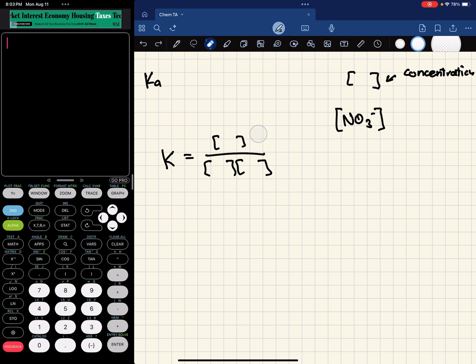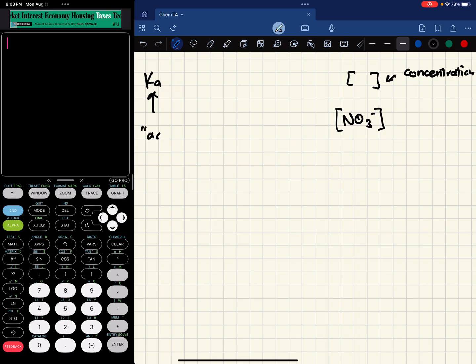With acids and bases, this is just an equilibrium expression that we're using with acids. It's Ka because it's a specific kind of equilibrium constant. This is called the acid dissociation constant.